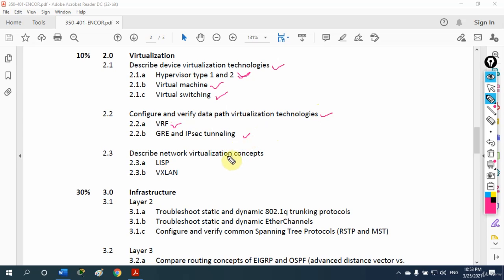We are going to do this also. Then we have the virtualization concepts LISP and VXLAN. Just remember, in virtualization you will get 10% of the questions in your exam, and from infrastructure we are going to get 30% of the questions.